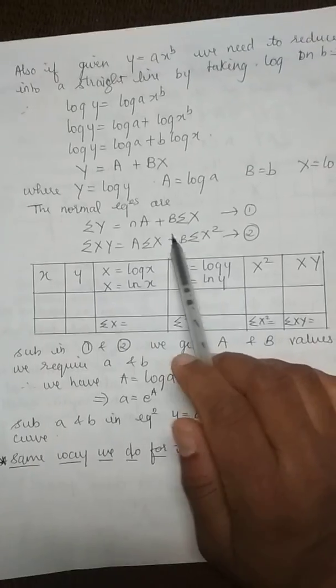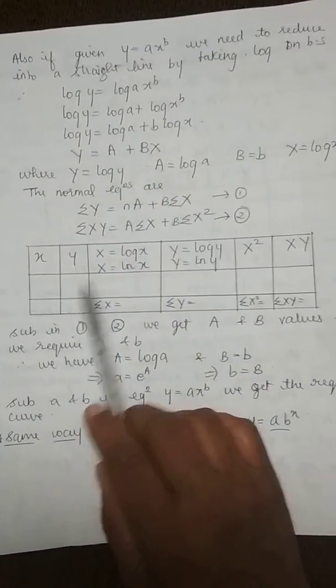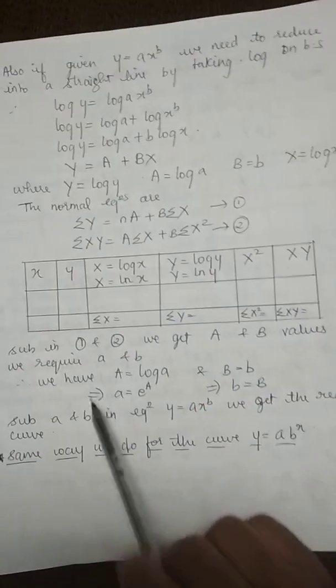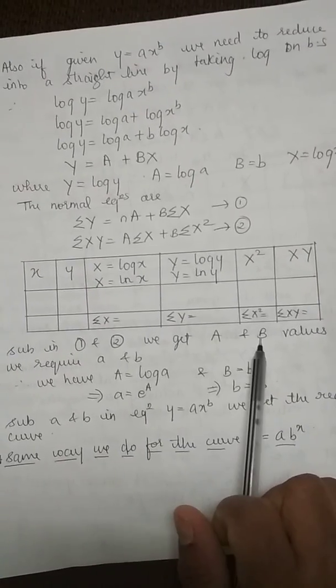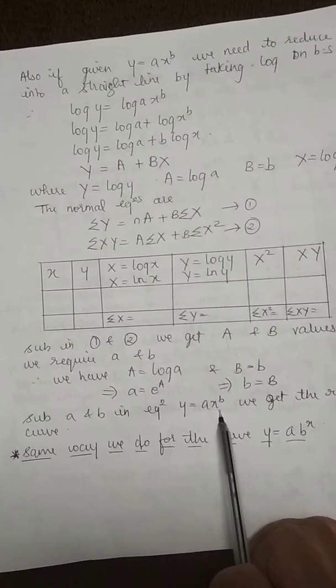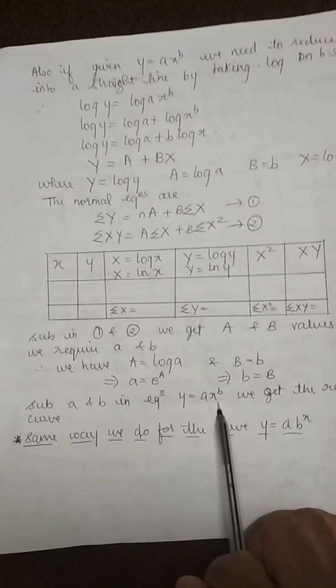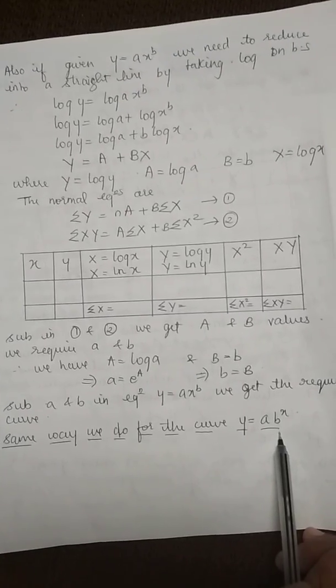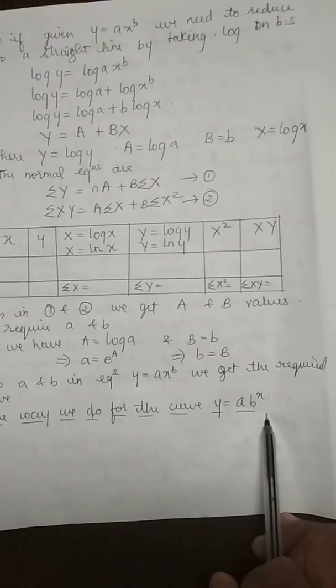Writing the normal equation, preparing the table, substituting, we will get capital A and capital B value. So we have to get small a and small b. Once we substitute in this curve, we will get the curve of best fit. Similarly for y is equals to a into b raised to x.